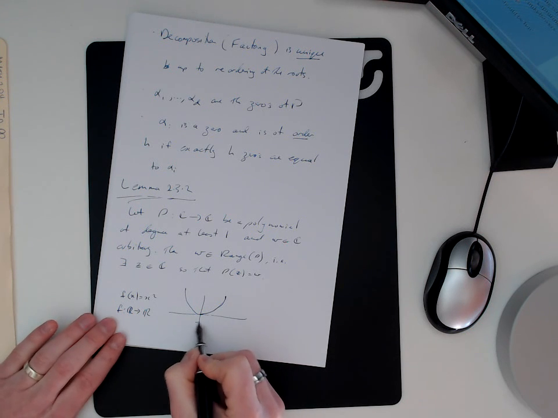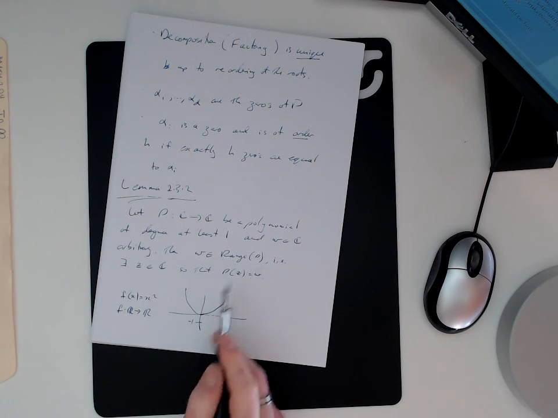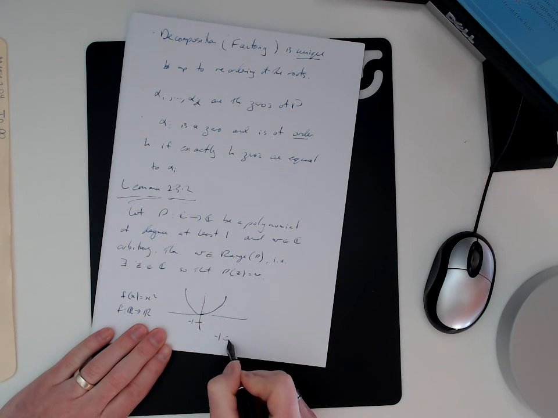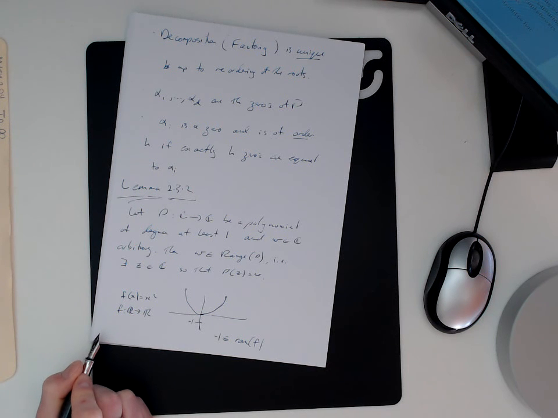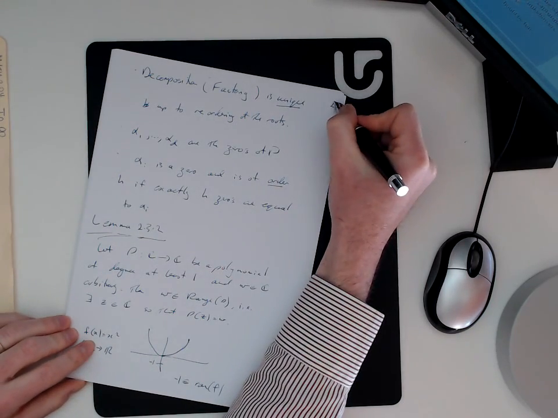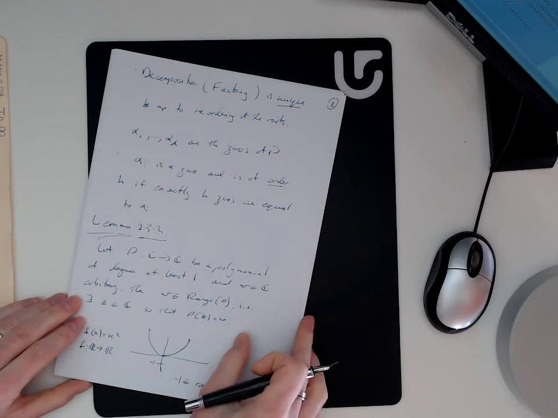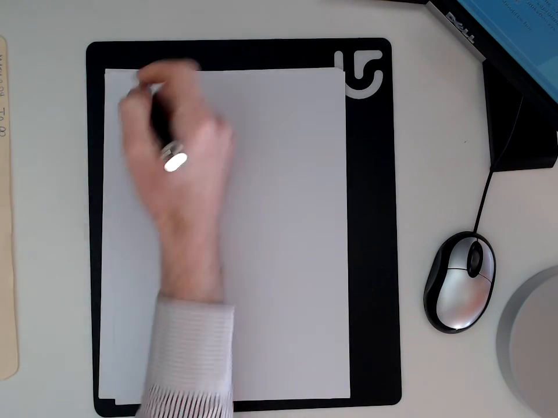Codomain is R. Here's an element, -1. The claim is that that is always inside the range, but here, -1 is not in the range of f. Why is that? Well, because there's no real number whose square is -1. So this is related to the fundamental theorem of algebra, which is related to the very definition of the complex numbers. It's a kind of a cool little fundamental result, that little lemma.